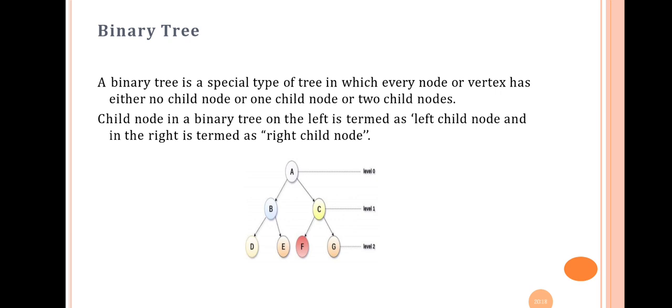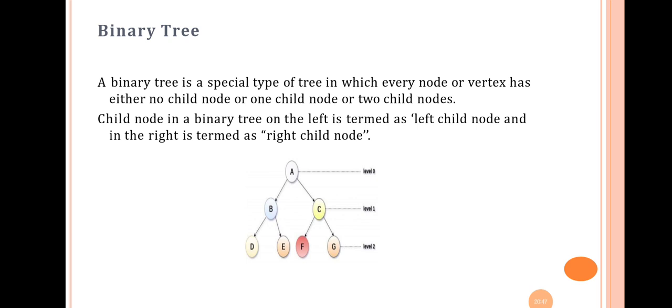Binary tree. A binary tree is a special type of tree in which every node or vertex has either no child node, one child node, or two child nodes. A child node on the left is termed the left child node and on the right is termed the right child node. Here A is the root node, represented at level 0, and then B and C are child nodes.